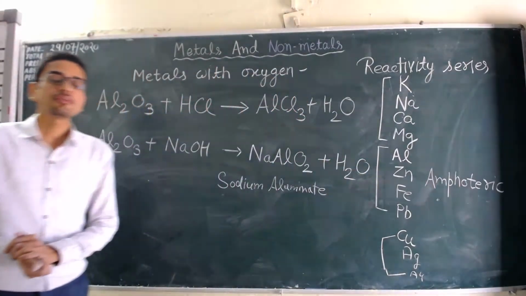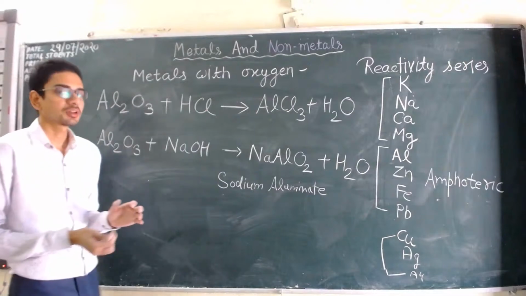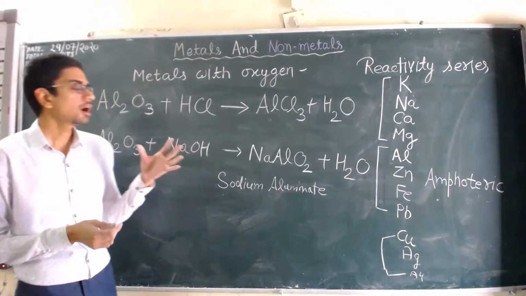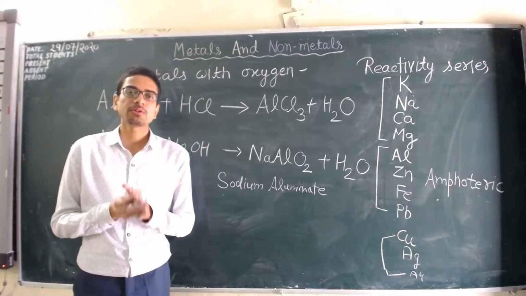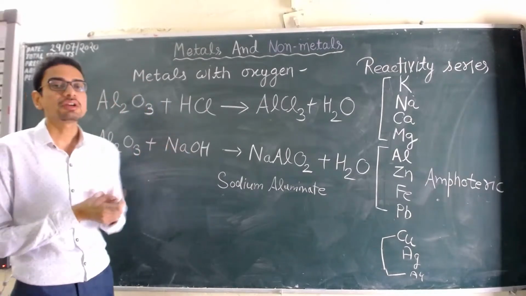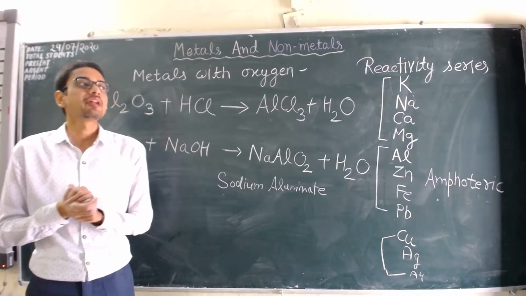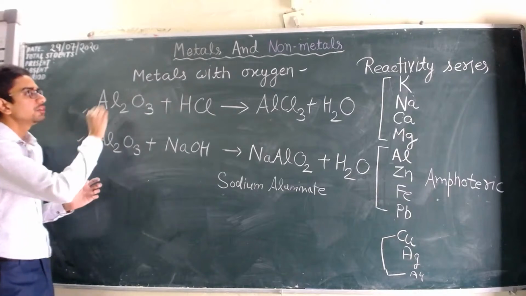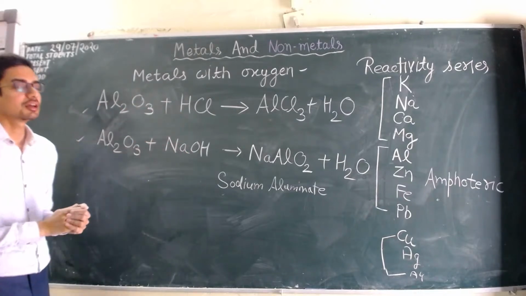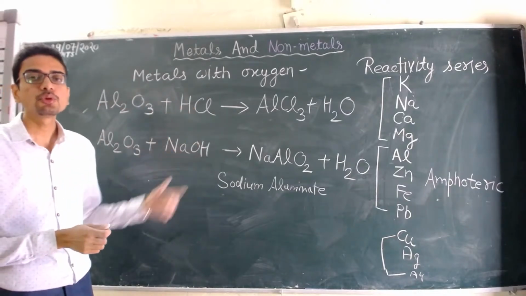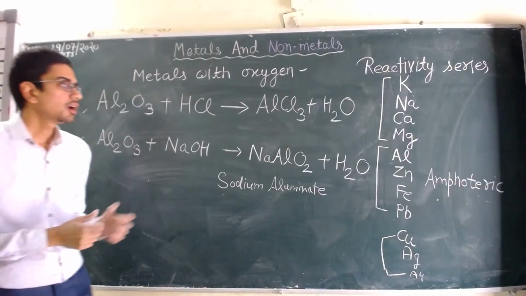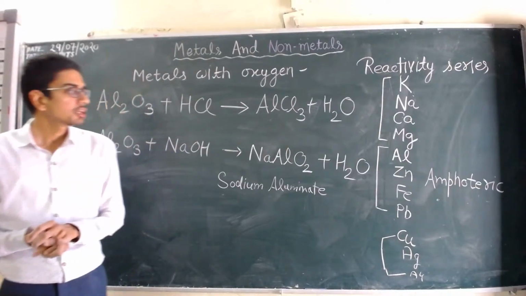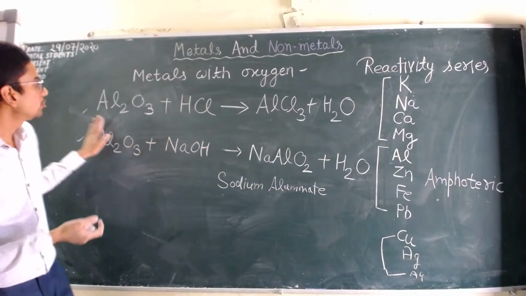So if I ask you one question, how will you prove that aluminum oxide is an amphoteric oxide? You will write down the reaction of aluminum oxide with both acids and bases. They react with both of them. It proves that aluminum oxide is an amphoteric oxide. Okay, you can balance this reaction, no problem.